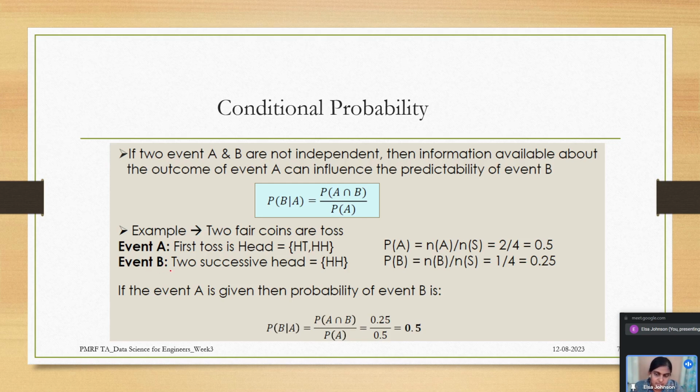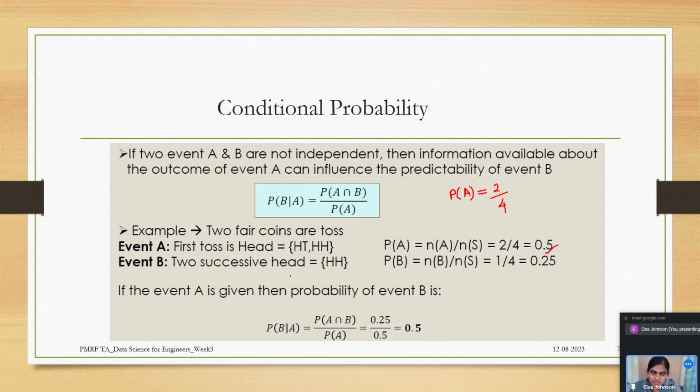Event B is the event which gives two successive heads, which is only the case HH. Independently, the probability of event A is the number of cases in A by the number in the sample space. The cases in A are HT and HH, so there are 2, and the total number of outcomes is HT, HH, TT and TH, that is 4. So you will be getting 0.5.